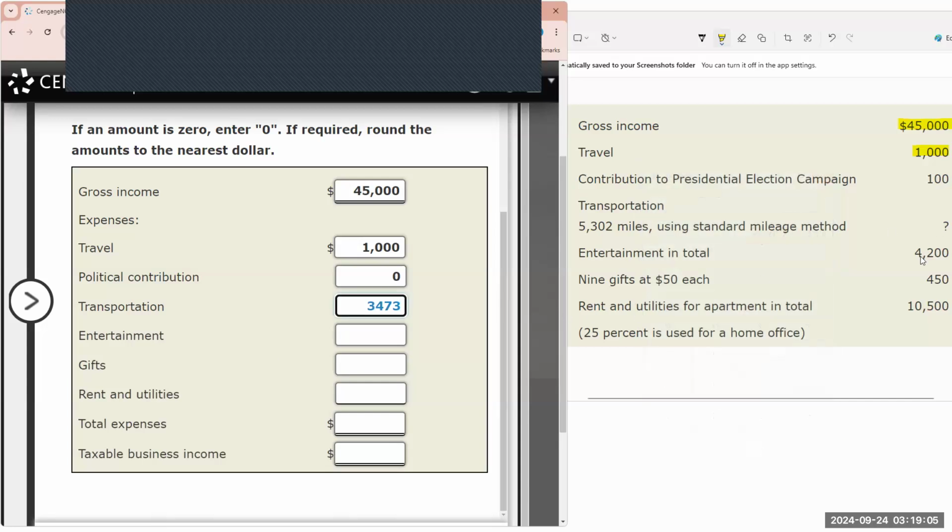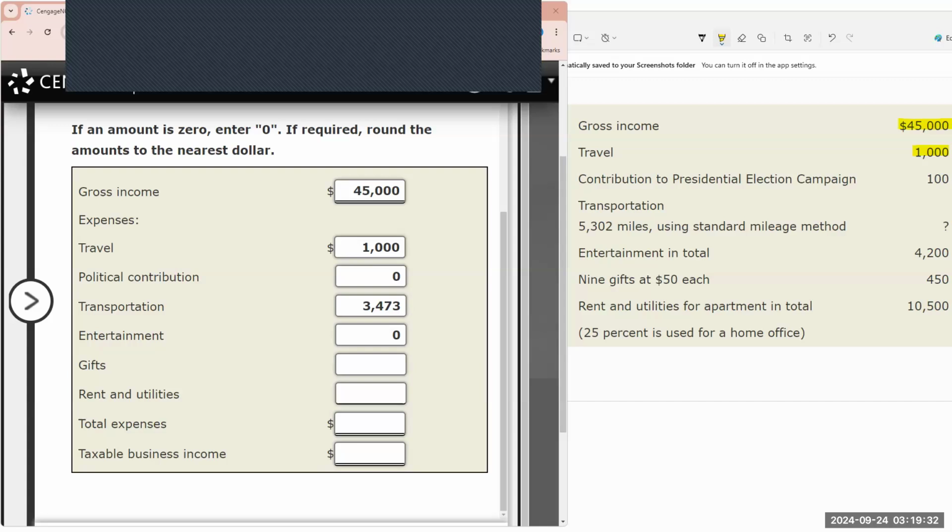Entertainment, in total, $4,200. Unfortunately, as mentioned, with the change to the Tax Cuts and Jobs Act, even though she spent $4,200, $0 is considered deductible. All right, as it relates to the gifts that were issued. So with gifts, there's some specific rules that we need to keep in mind, because if there were no rules, people would definitely more than likely take advantage of gifts.